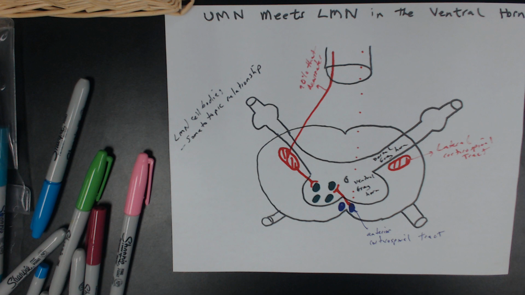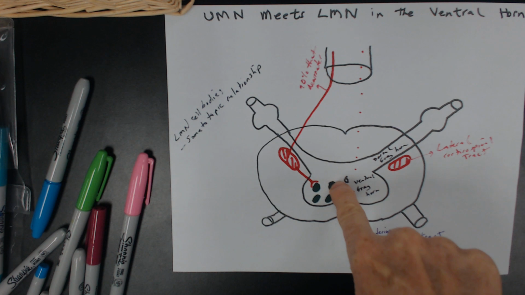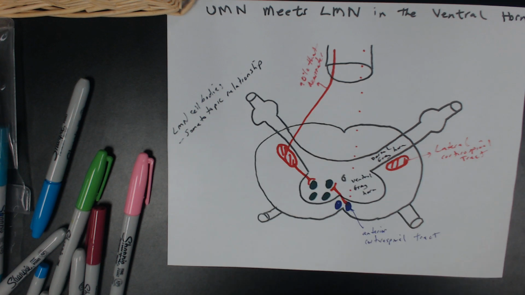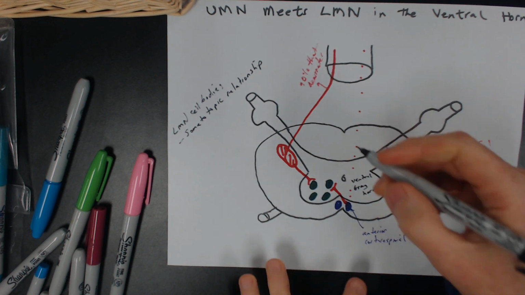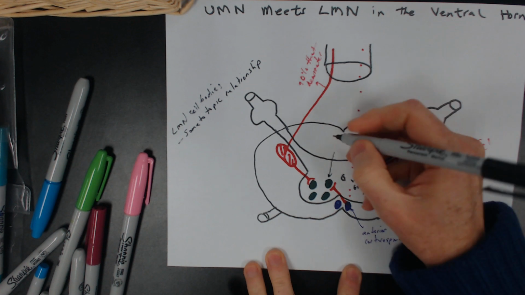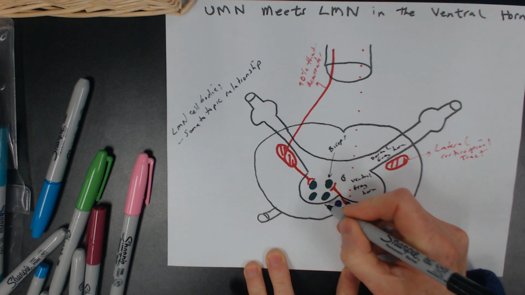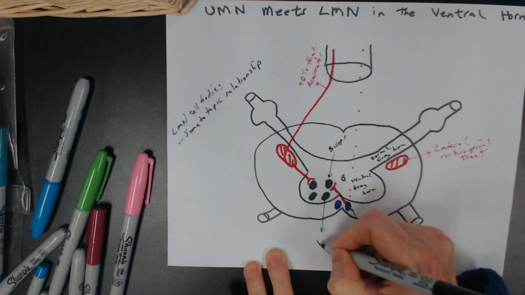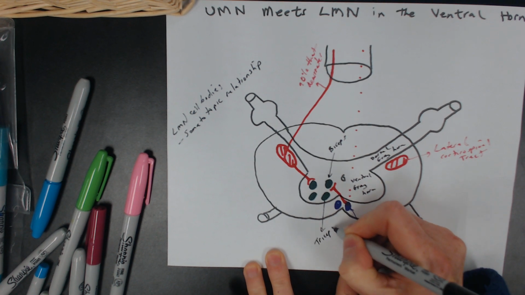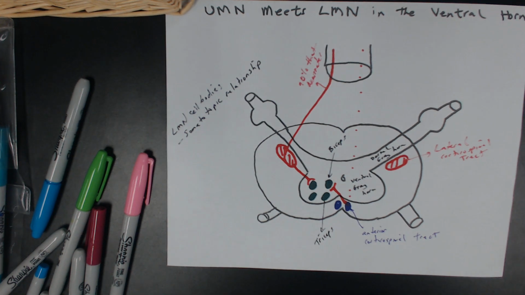So everybody see that? Flexors are on top, extensors are on bottom. So if I have to label these motor neurons here, this would be biceps, and then this would be triceps. Everybody got that? So my biceps are on top, triceps are on the bottom.